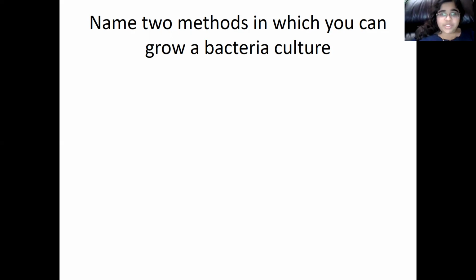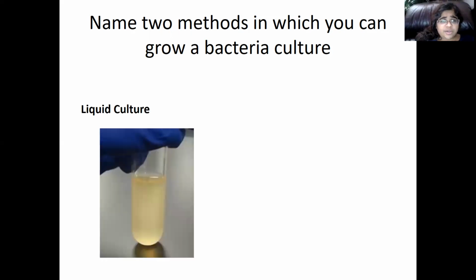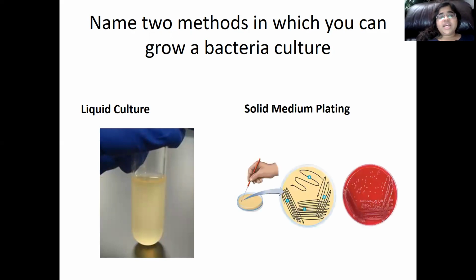Do you guys remember what those were? Those would be liquid culture, where you use a liquid of different salts and a little bit of sugar just to get these bacteria growing. And then it's a similar thing with solid medium plating, like agar plates and so on.